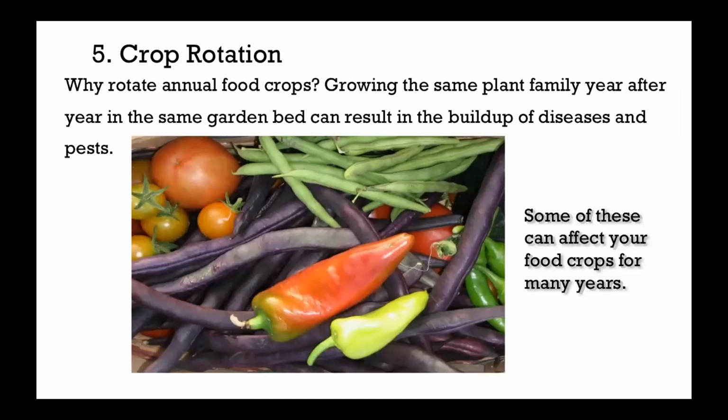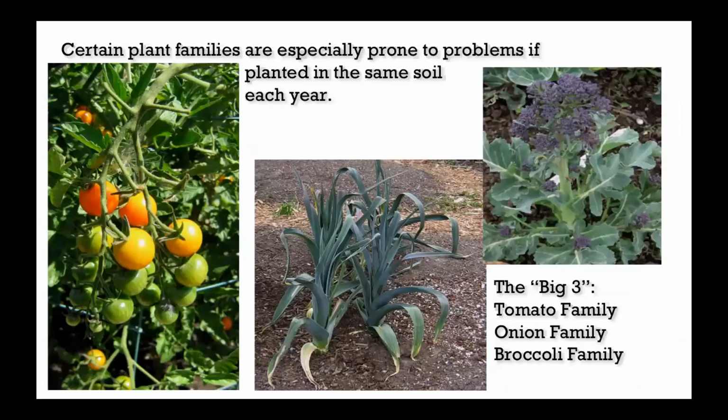Another really important thing, and I wish I had more time to go into it in depth, is crop rotation. You just don't want to grow the same plant family year after year in the same soil, because it can build up diseases and pests that last quite a long time. If you're rotating, these are the three plant families that you need to make sure to rotate.